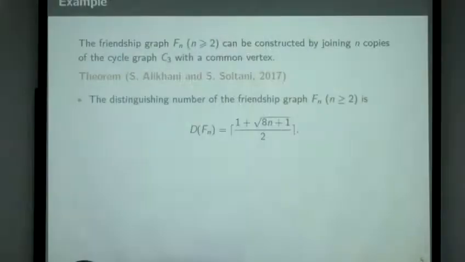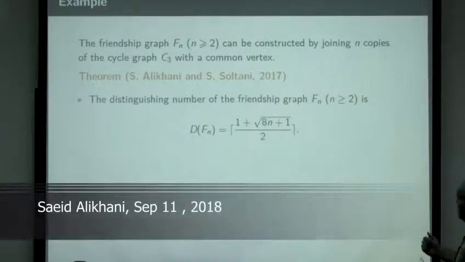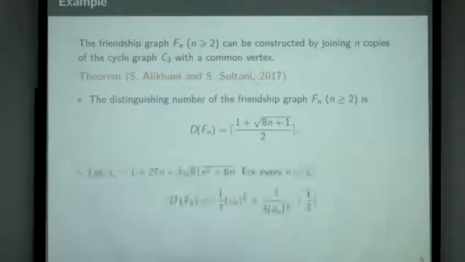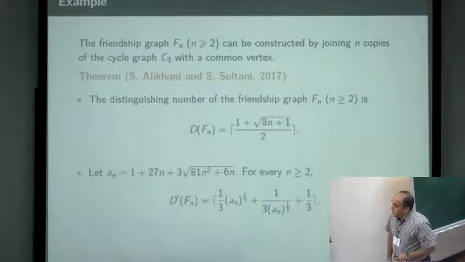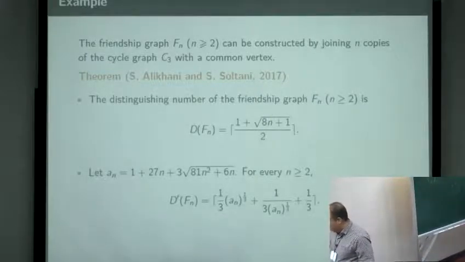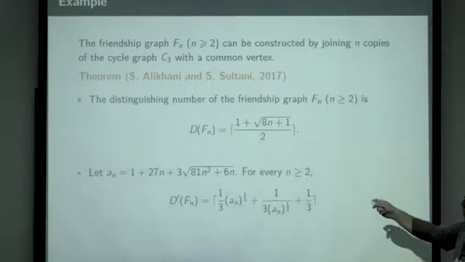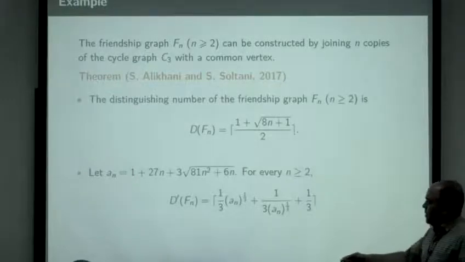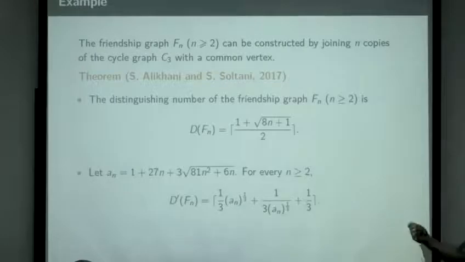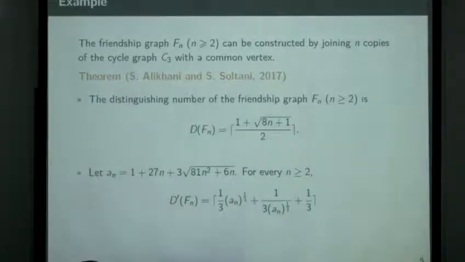And you see here the distinguishing number of this kind of graph is obtained by this ceiling number. And for the distinguishing index, the number is much harder. We put this number, and then the distinguishing index is obtained by this ceiling formula again.